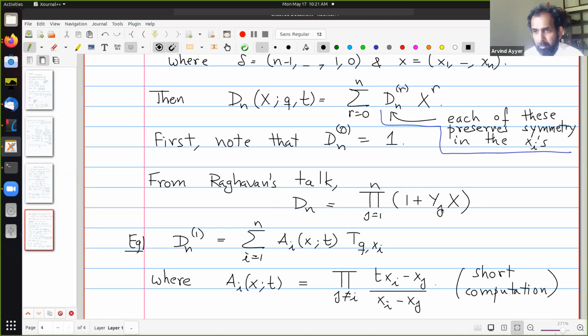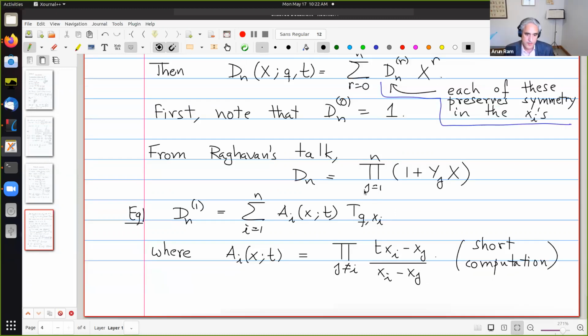If you take the coefficient of X to the r in that expansion, then you get the elementary symmetric function, and the y_i's are these difference operators which Raghavan had introduced. So D_n^1 is, of course, an elementary symmetric function in the y_i's, just not written this way. That's right. Okay, thanks.